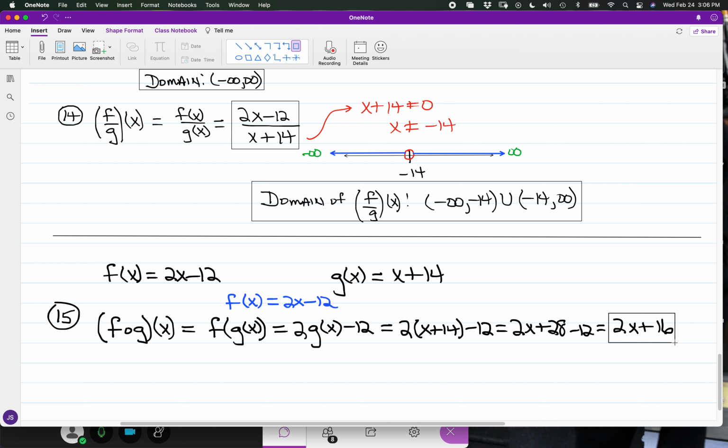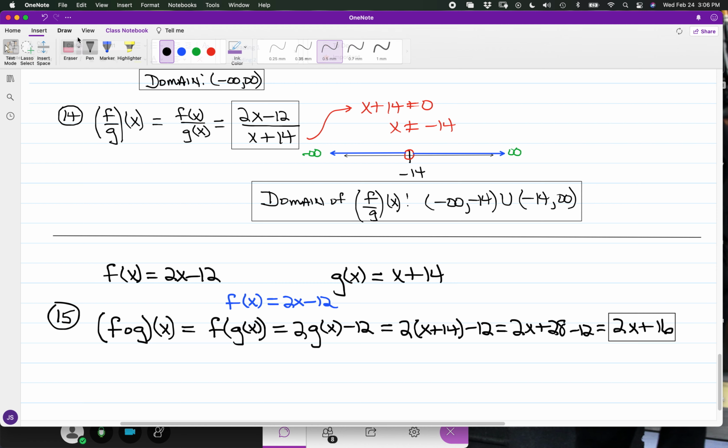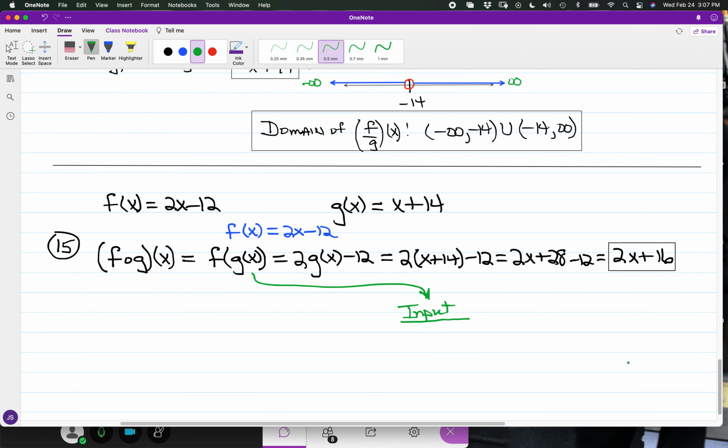And where the domain is concerned, again, you're looking at the restrictions, if any, of the input function as well as what we have for the output. So the input we have at g of x, and g of x is equal to x plus 14.